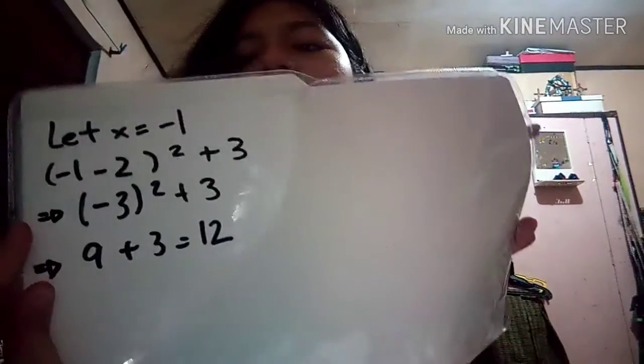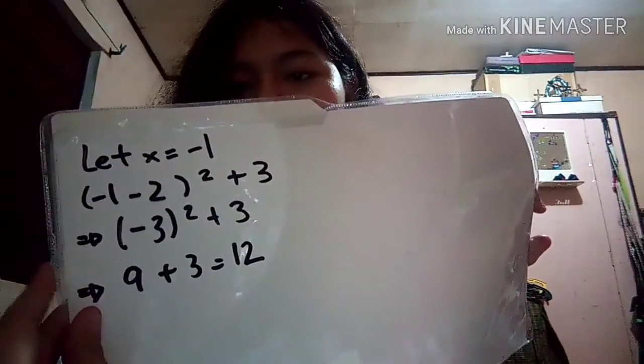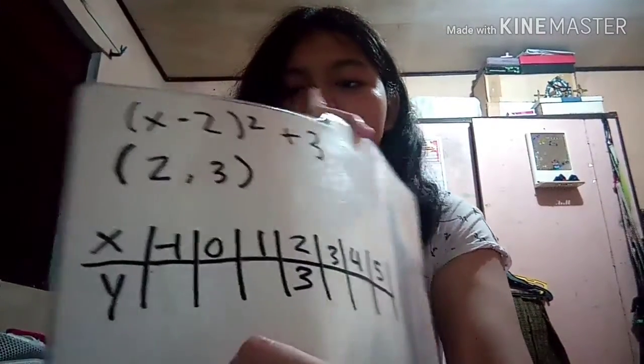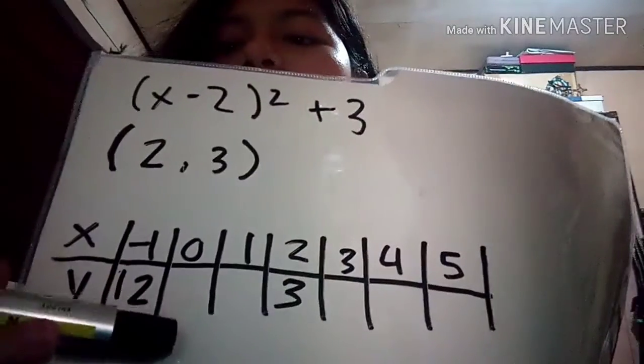Now negative 3 times negative 3, or negative 3 squared, that's just 9. So 9 plus 3 is going to be 12. So what I'm going to put there under negative 1 is 12. You guys see negative 1? I put 12 right there. So that's going to be the first y.